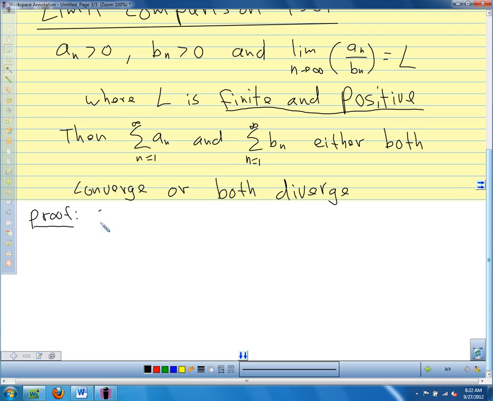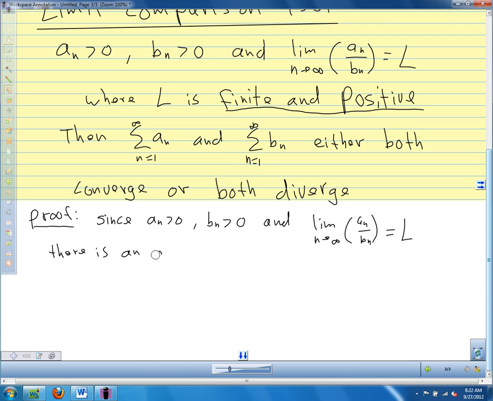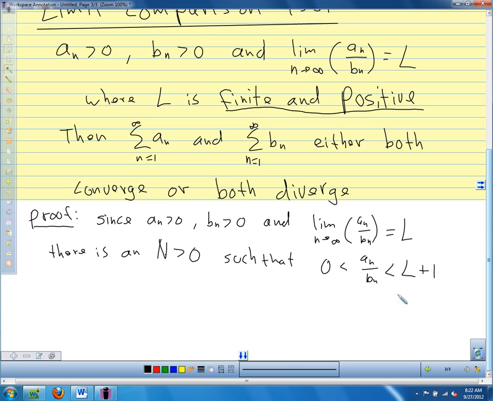Our proof is, since we know a sub n is greater than 0 and b sub n is greater than 0, and our limit is L, by the definition of a limit, there's some capital N, some n greater than 0, such that 0 is less than a sub n over b sub n, which is less than L plus 1, for n greater than or equal to capital N. This is just the definition of the limit.